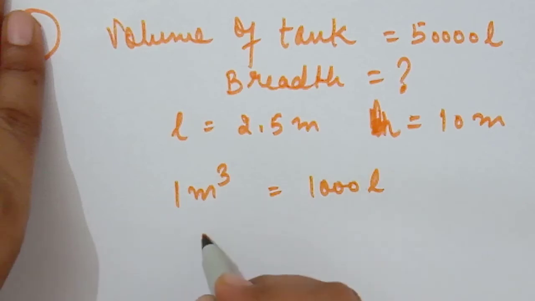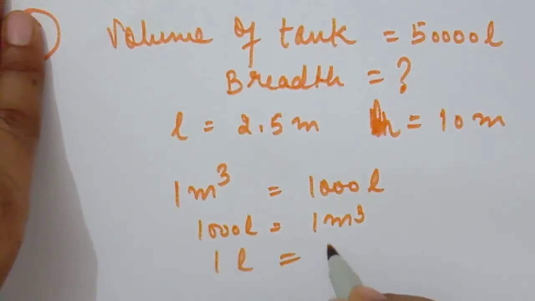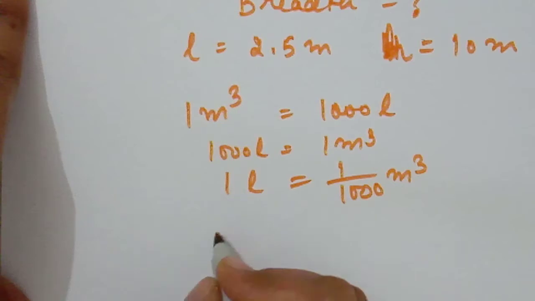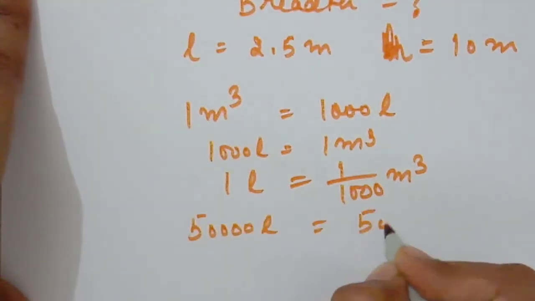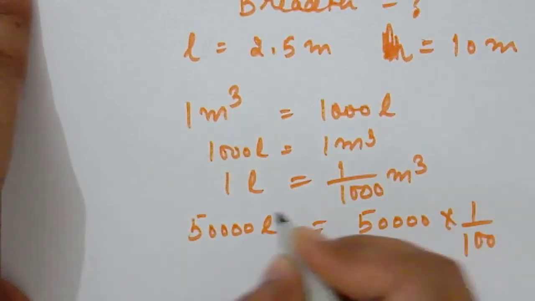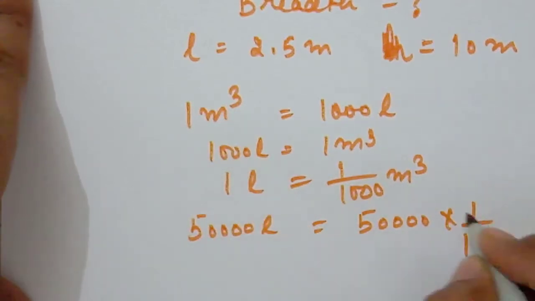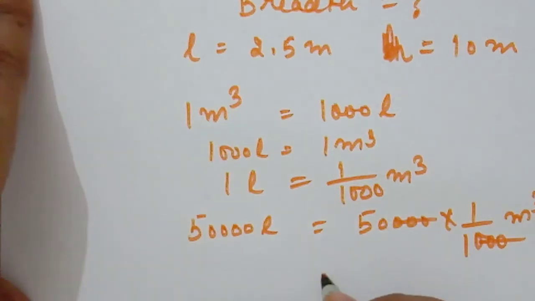When we shift to the other side, 1 liter is equal to 1 upon 1000 meter cube. So 50,000 liters is equal to 50,000 multiplied by 1 upon 1000 meter cube. Then we cancel all three zeros, and it is 50 meter cube.